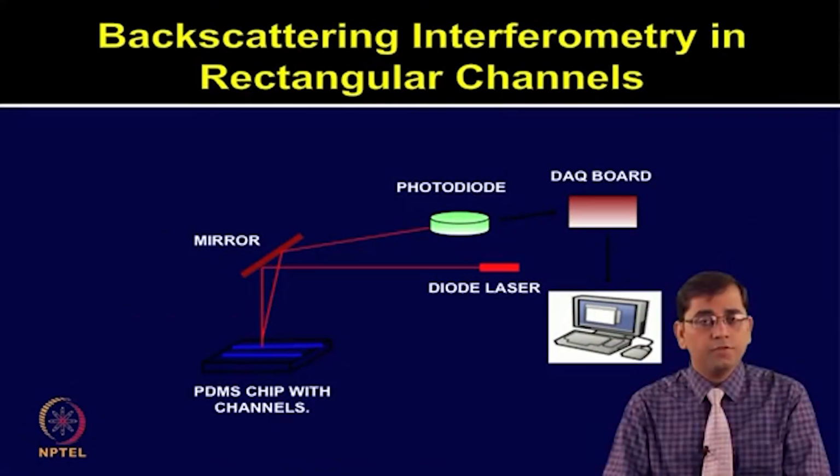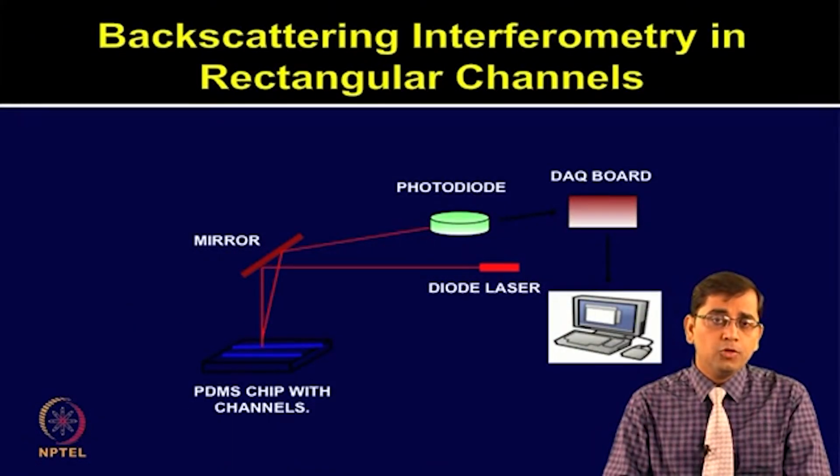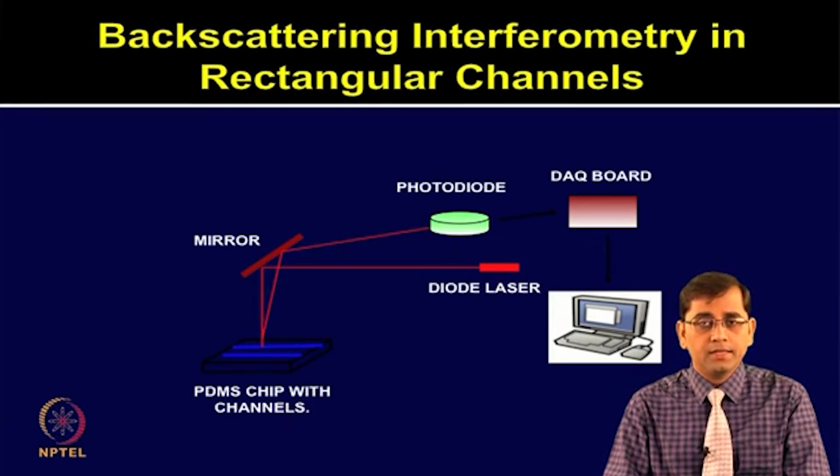Here is a configuration of BIRC. The micrometer sized rectangular channels are modulated within the PDMS chips, and this interferometry principle is applied here for measurement of interference due to the biomolecular interactions.